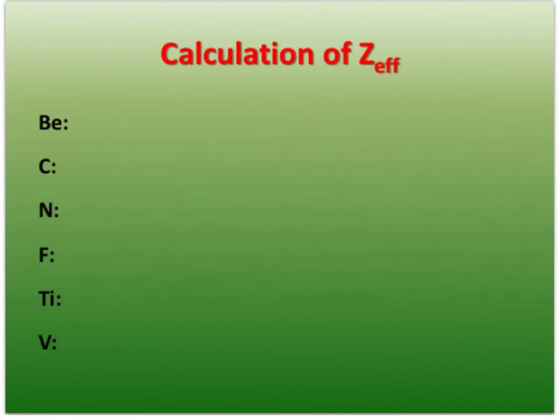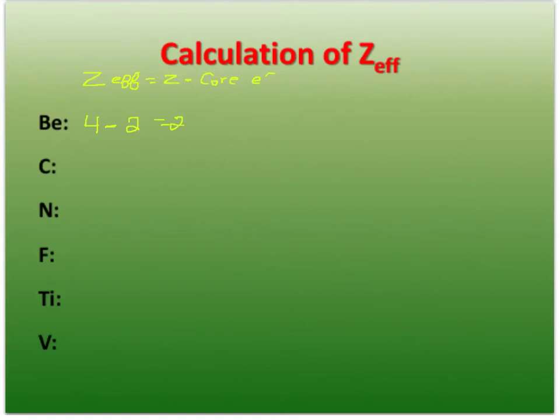Okay, so let's look at calculation of Zeff. Remember, Zeff, or effective nuclear charge, is equal to Z, the atomic number or number of protons, minus the number of core electrons. Beryllium has 4 protons and 2 core electrons, so that gives us 2.